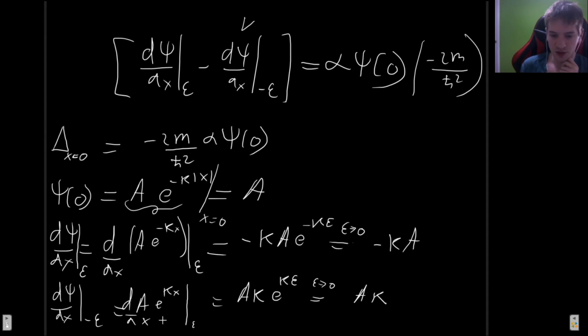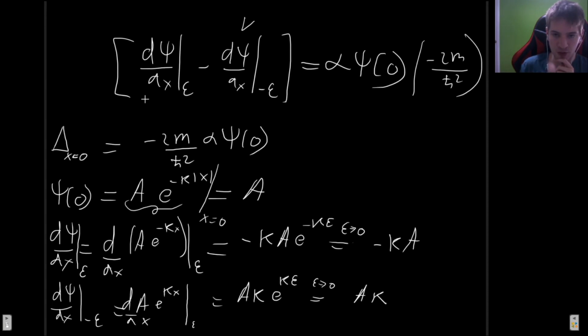So this discontinuity then, delta at x equals 0, remember, this was the first part, the derivative evaluated at epsilon, which is minus ka, minus the other one, which was ka. So we get minus ka minus ka, which is just minus 2 times k times a.